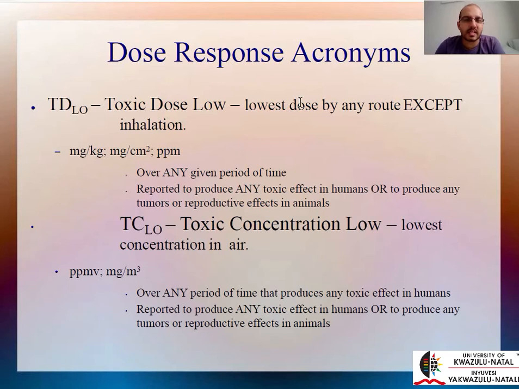Okay, so in cases where someone is ingesting a chemical, or if it is being injected into them, or if it is seeping through their skin, then we have a toxic dosage, right? And it's measured in terms of milligrams per kg or milligrams per cm squared. Remember, for chemicals that get absorbed through the skin, or it's also measured in ppm, either in mass or in molar terms.